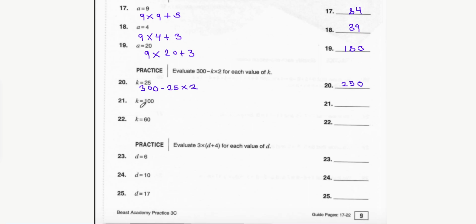Next, we have k equals 100, so we have to do 300 minus 100 times 2. So when k equals 100, the expression 300 minus k times 2 is equal to 300 minus 100 times 2. And 300 minus 200 equals 100.